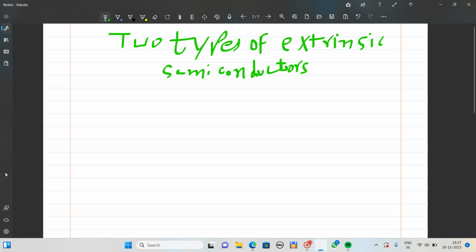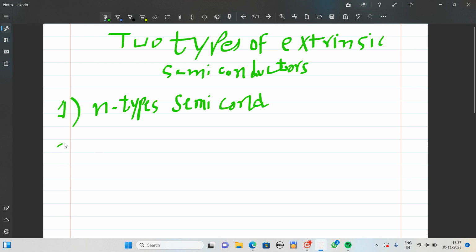The first one is N-type semiconductors, and the second one is P-type semiconductors.